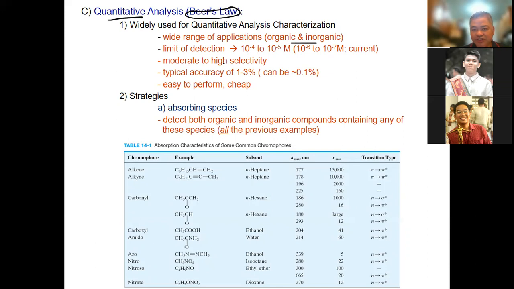And the limit of detection that they have is 10 to the -4 to 10 to the -5, although they were able to lower it to 10 to the -6 to 10 to the -7 molar. Moderate to high selectivity, and it's typically accurate, 1 to 3%. Okay, and you can get around 0.1%.